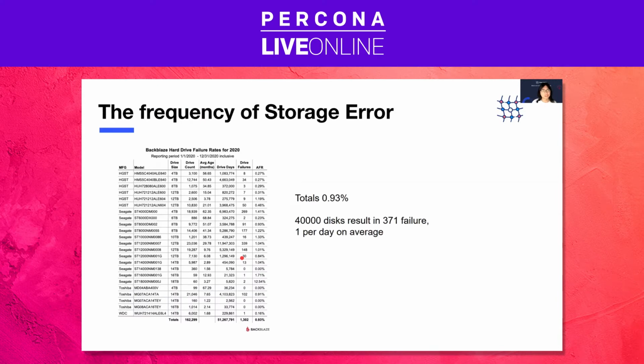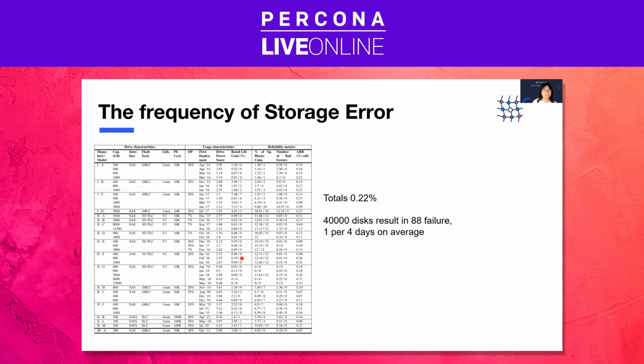I got a report about hard drive failure rate in 2020 from Backblaze, and it illustrates how frequent the storage errors happen. The total average AFR, which means annual failure rate of hard drive, is 0.93%, which means if your cluster has more than 40,000 disks, one of them will break per day.